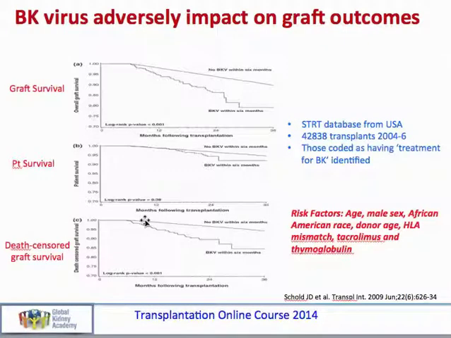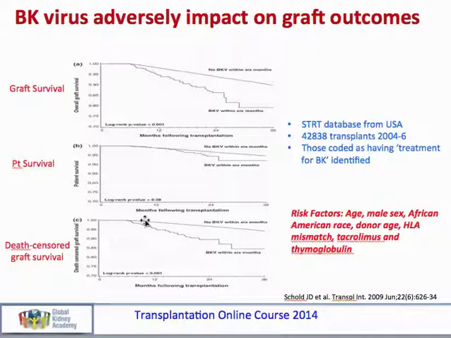And why does it matter? Well, BK virus adversely affects graft outcomes. So if we look at this data, which is from the SRTR, the Scientific Registry of Transplant Recipients, a database in the States. This looks at a large number of patients who had a kidney transplant between 2004 and 2006, so just under 43,000 patients.